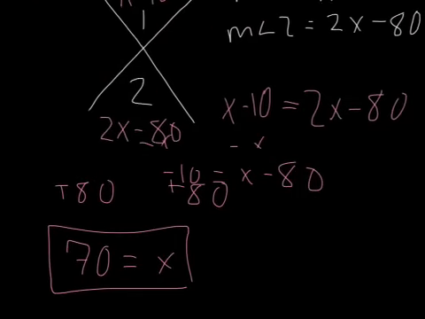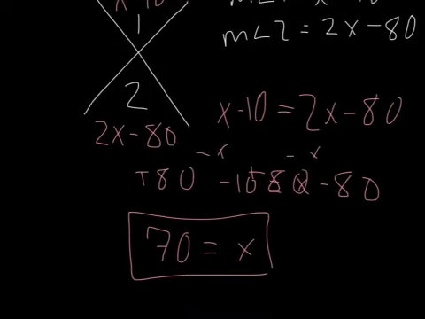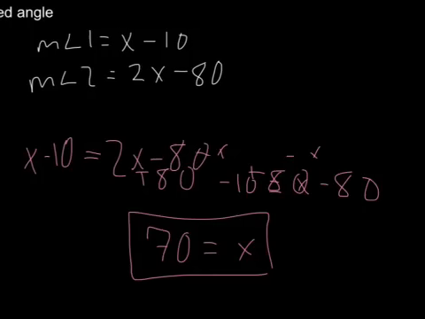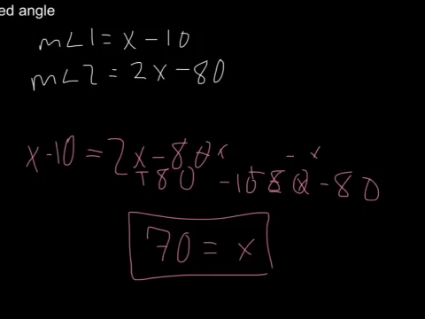So we can take our original measurements and we can plug in our x value. So here's our original measurements. And now we know x equals 70, so we can go from there. So this here is going to equal, instead of x, we'll plug in 70 minus 10. We just replace this 70 for this x, and that's going to give us 60 degrees.